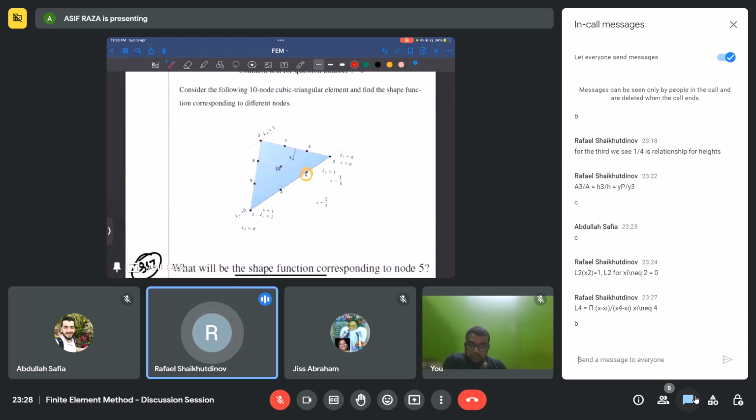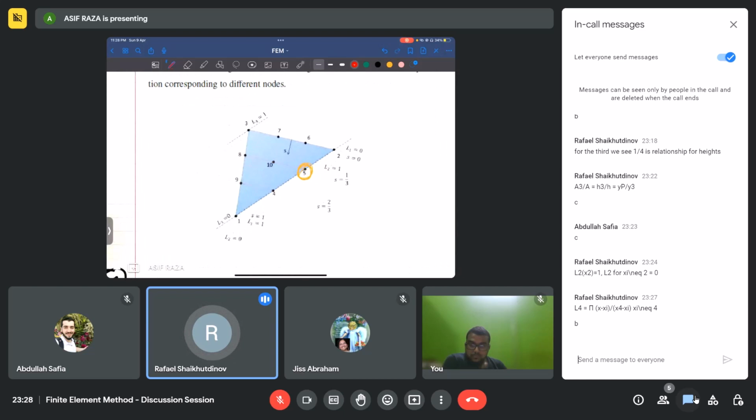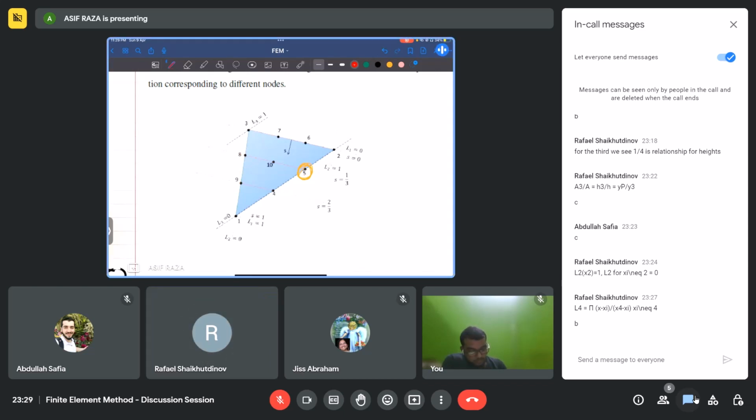For L5, we should have the line L1 equal to 0. Can you draw it? Yes, this one.